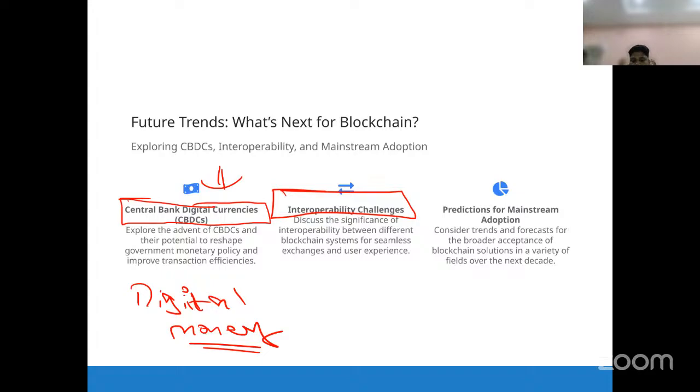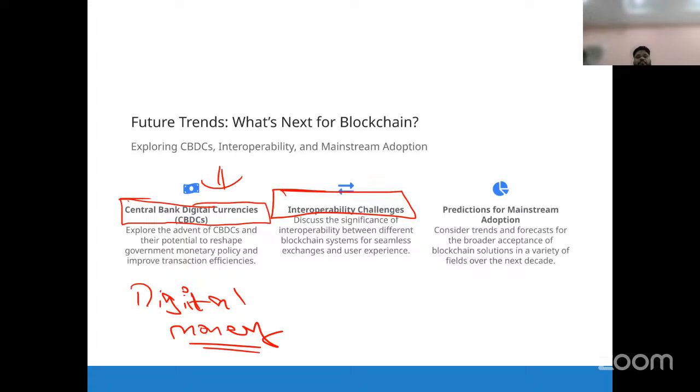So we want to bring a very seamless user experience where money can be transferred easily. For example, I have Bitcoins. I want to transfer that to Ethereum or swap it to Ethereum. It should be done in a very easy way. And again, vice versa, from Ethereum to Bitcoin. This swapping should be done very easily. It should not take a lot of time and create difficulties.